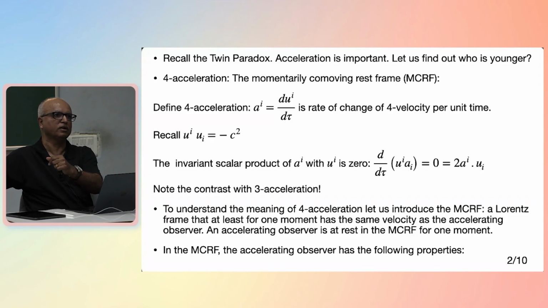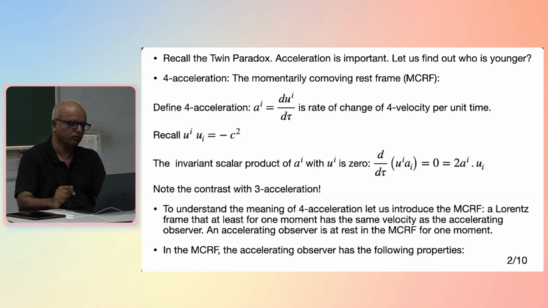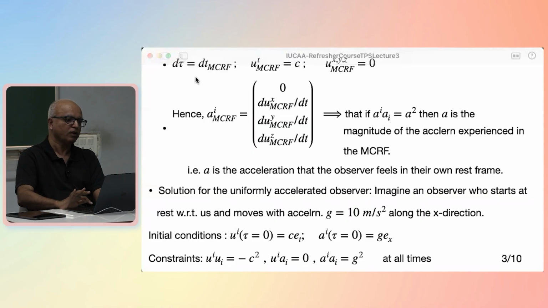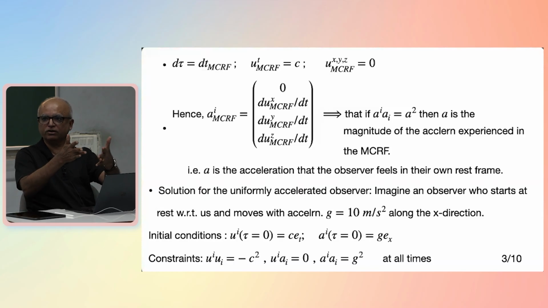You understand? Stop me anytime something is not clear. In the MCRF, I am momentarily at rest. So in the MCRF, the accelerating observer has the following property. I hope you have understood the definition of an MCRF. In the MCRF, since I am momentarily at rest, my dτ will be dt_MCRF. I am at rest with respect to that fellow.